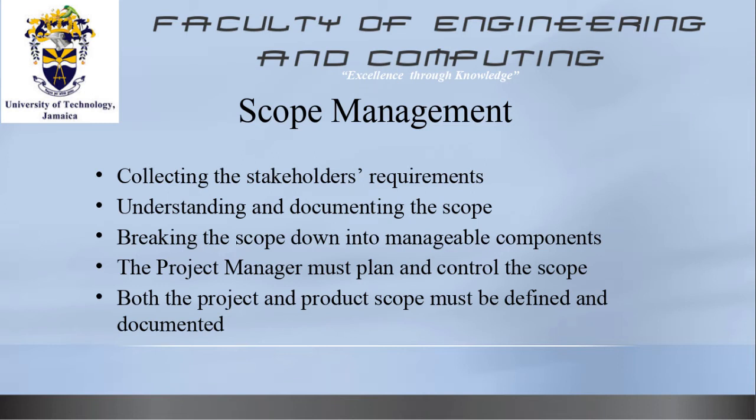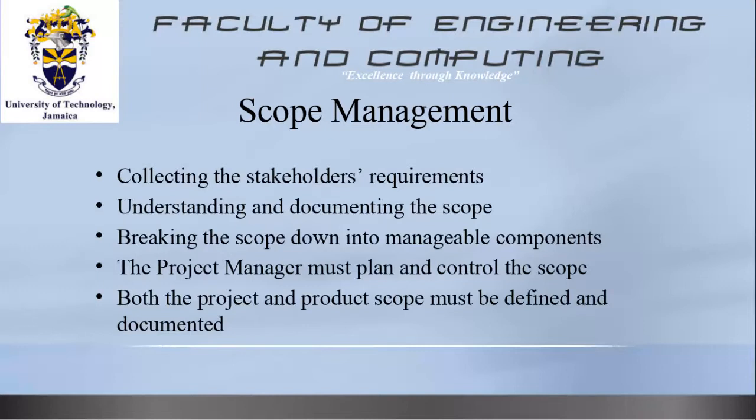The first 4 slides are slides that we went through last class. Nonetheless, I think it is important that we just refresh our memories as to what project scope management is all about. It's about collecting the stakeholders' requirements, understanding and documenting the scope.